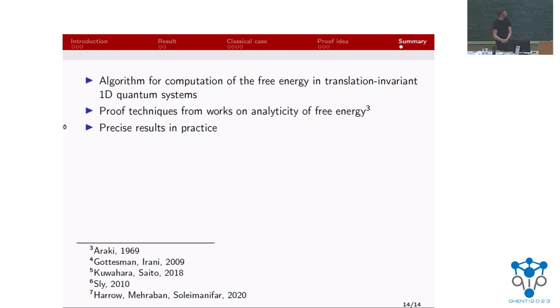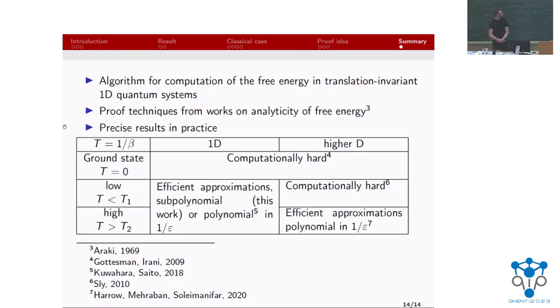One thing I find neat about this is, when I talk about analyticity of free energy and mention phase transitions, it's quite interesting to look at where we have phase transitions and where we have efficient algorithms. It's basically the same thing. In one dimension, there's this folklore that there are no phase transitions in one dimension. This is at least true for thermal phase transitions. So at any temperature above 0, there will be no phase transition.